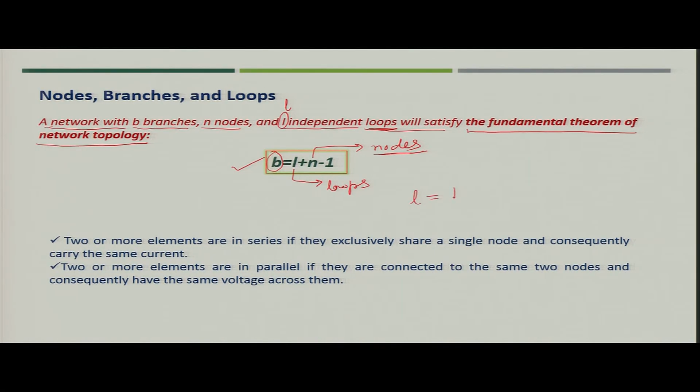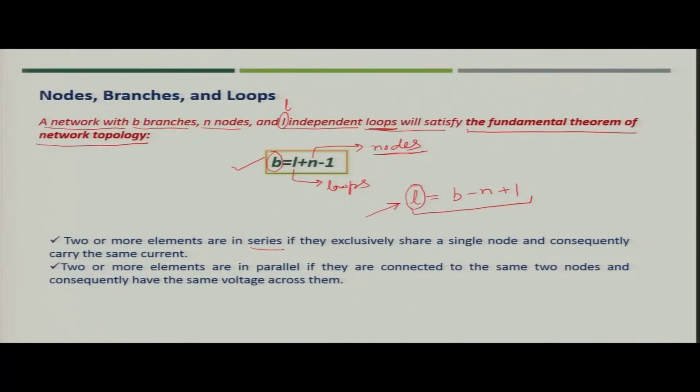So, L would be nothing but B minus n plus 1. You can count the number of loops which you have created and check whether they satisfy this particular theorem or not. If it is satisfying, it means that you have precisely identified the number of loops in the circuit.